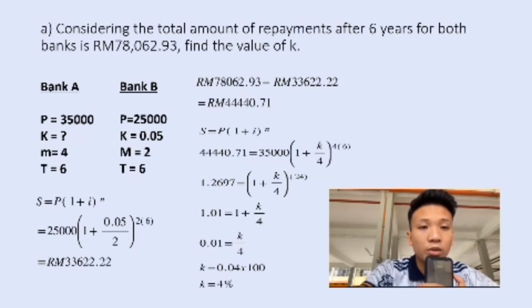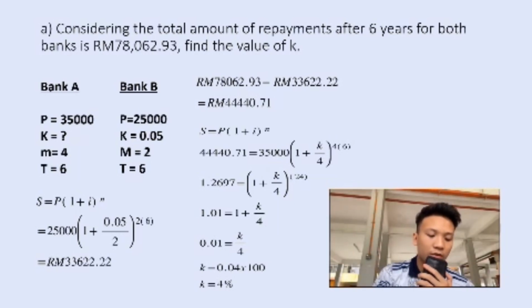What we need to do now is to find the amount that Mr. Rizal has to pay to Bank B first, using the formula S equals P(1 + i)^n. So P is 25,000 (1 + 0.05/2)^(2 × 6), and we will get 33,622 ringgit and 22 cents.